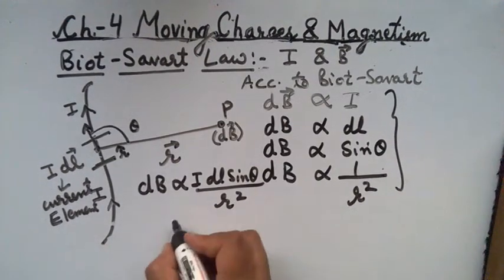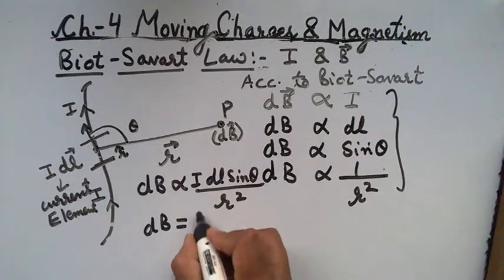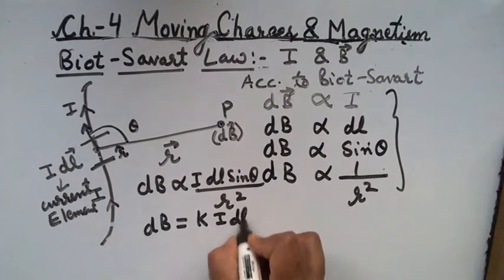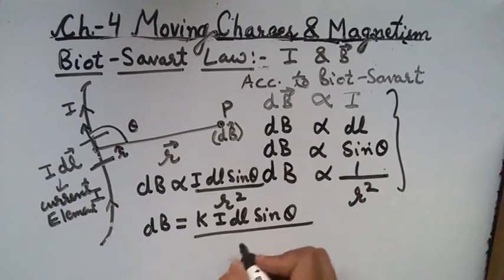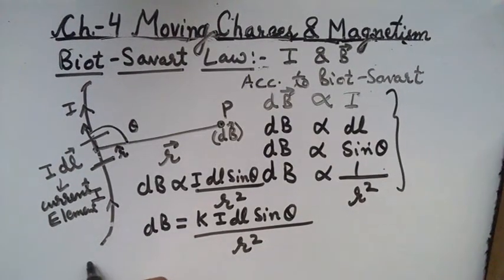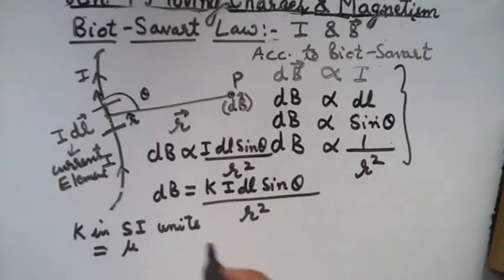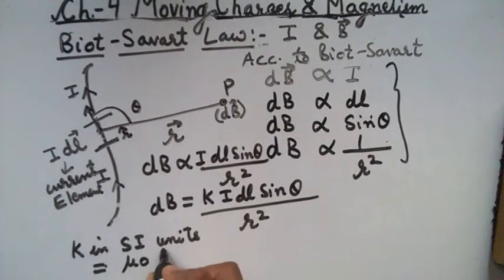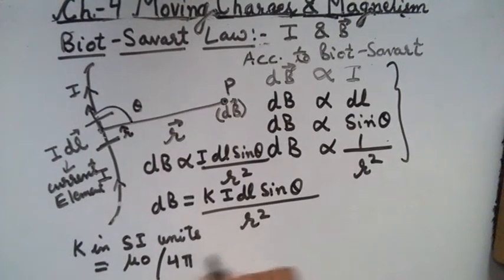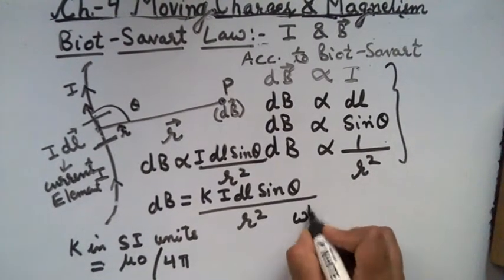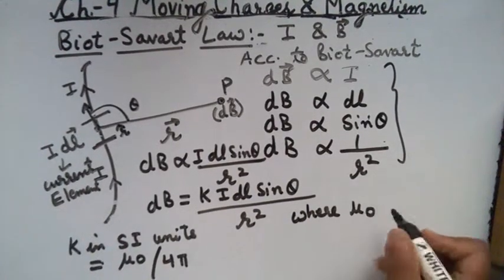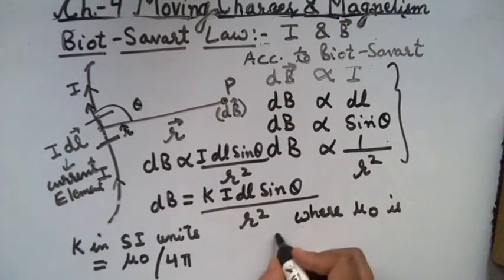And its proportionality constant is k, and the value of k in SI units is equal to mu naught by 4 pi, where mu naught is a constant called permeability of free space.